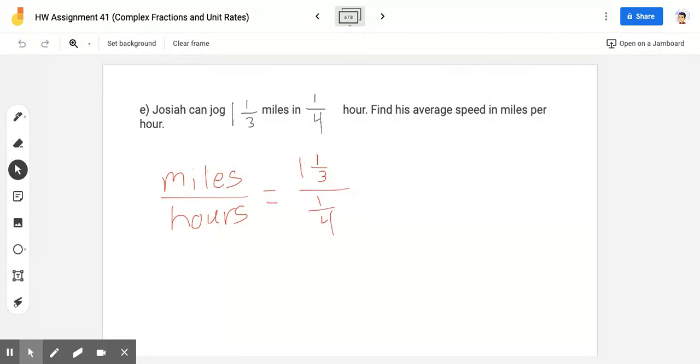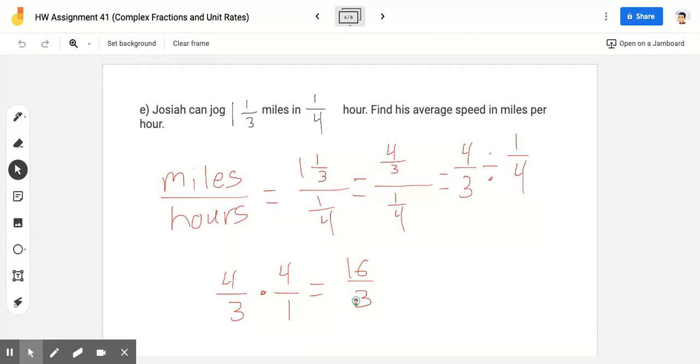Let's turn that mixed number into an improper fraction. 3 times 1 is 3, plus 1 is 4. So we have 4/3 over 1/4. Nice, that's nice and easy for us. Which is going to be 4/3 divided by 1/4. Another way we could write this is 4/3 times 4 over 1, which is equal to 16 over 3.